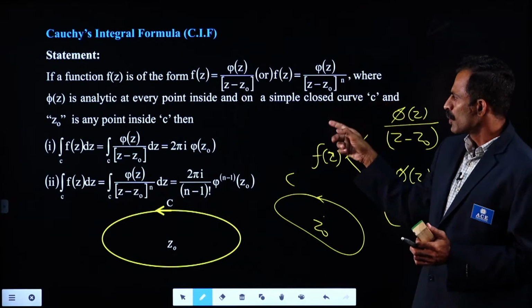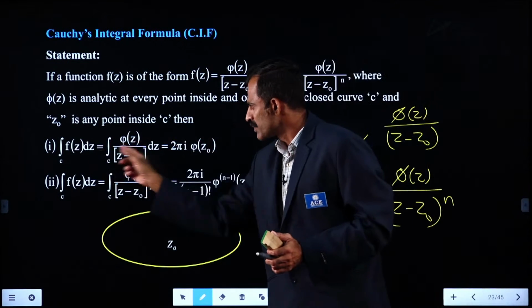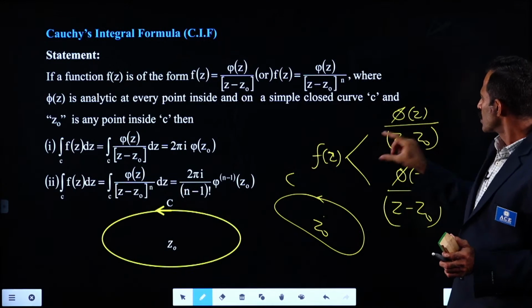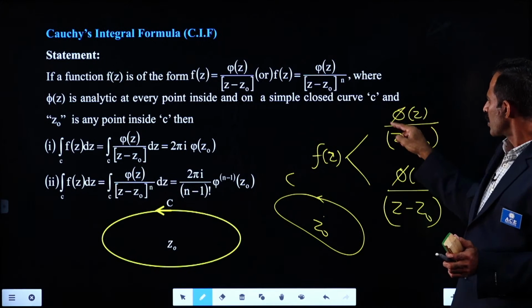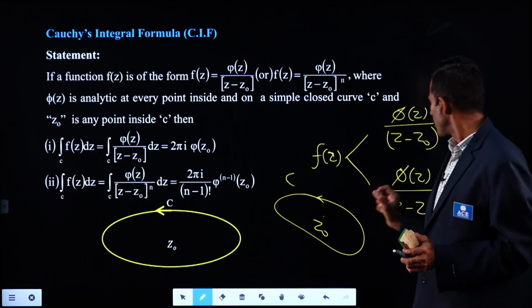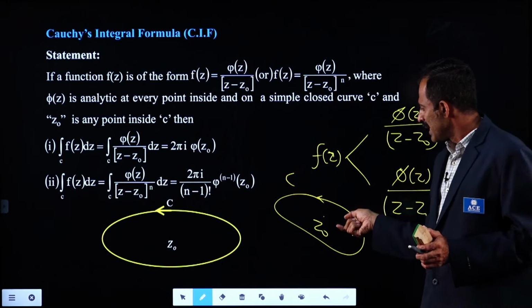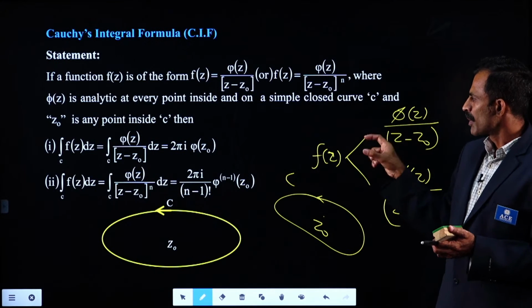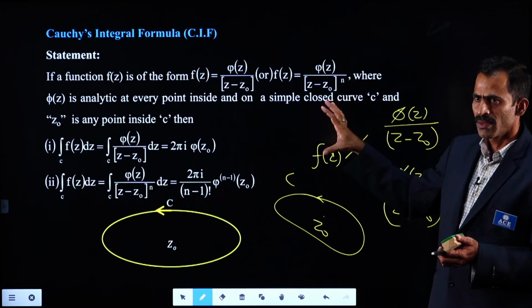If you want to integrate a complex function f of z along the closed curve, the two conditions are: the function should be in this form, the numerator function should be analytic inside C and on C, and the point z0 should be inside the region. If these two conditions are satisfied, we can find the integral of the complex function along the closed curve using this theorem.